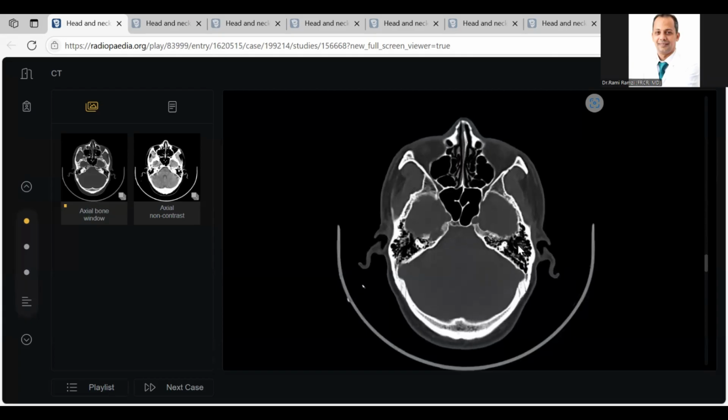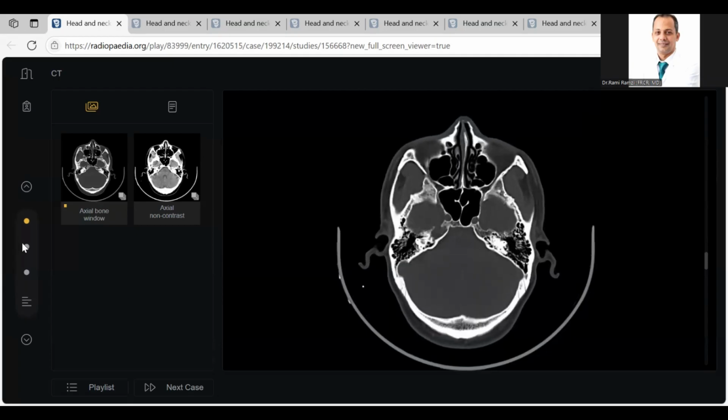So, lesion of the petrous apex. To be accurate, this is the petroclivus. So we are talking about the apex. What will you do next? For the apex, the first differential is petrous cephalocele. The second differential is cholesterol granuloma. What's your next step?